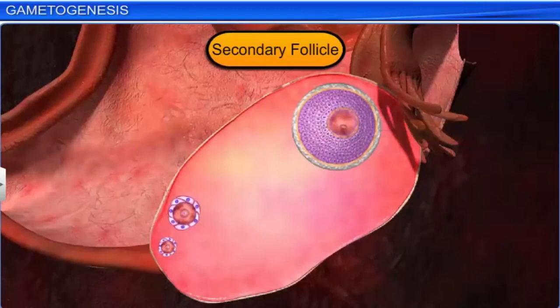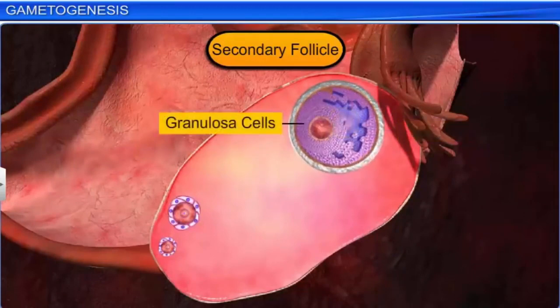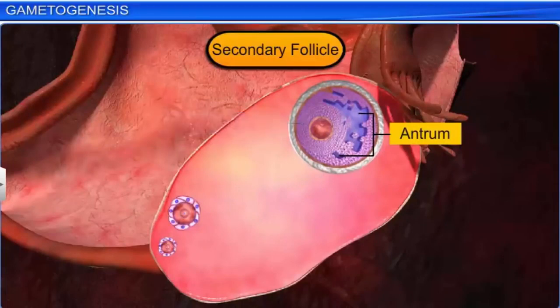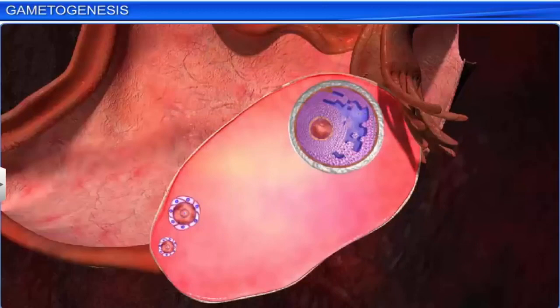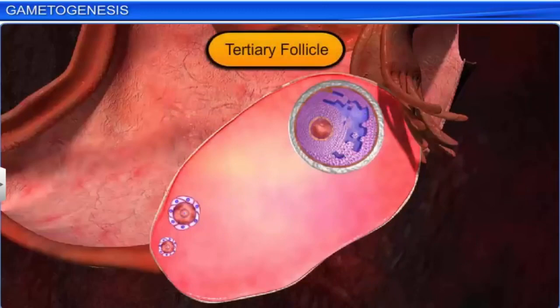Later, these granulosa cells secrete estrogen, which creates the antrum, a fluid-filled cavity among the granulosa cells. Moreover, the theca becomes evident and gets organized into 2 layers, theca interna and externa. This structure is now called the tertiary follicle.